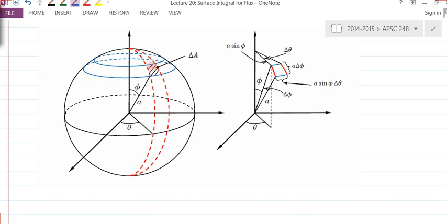So basically, how do I express this delta A? I'll approximate this delta A using a box. The area delta A is this side times the other side, right? Because it's on the spherical surface, the delta A is created using the latitude line and longitude line.